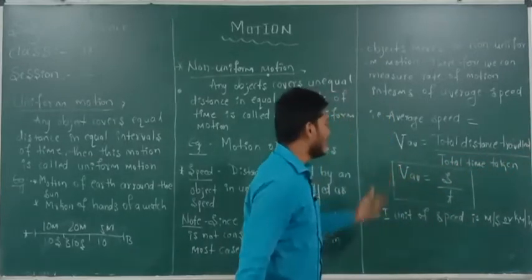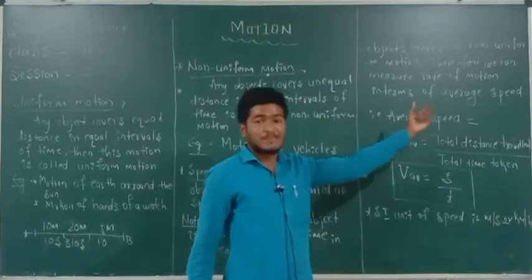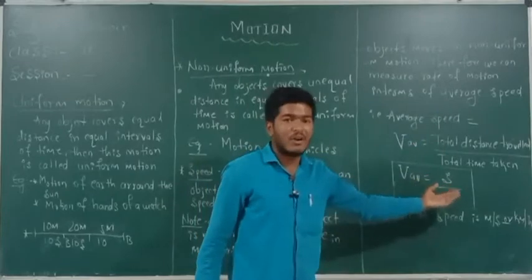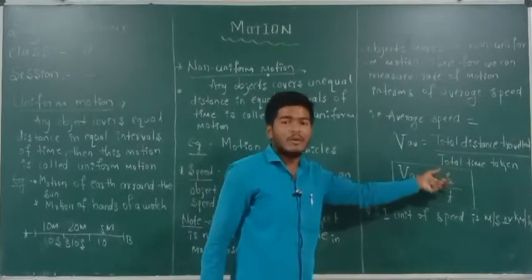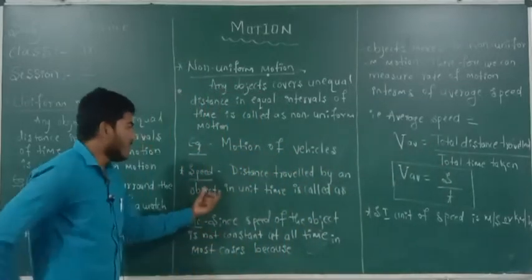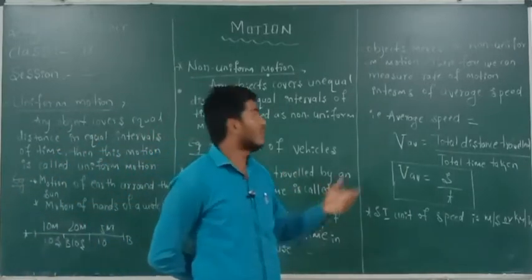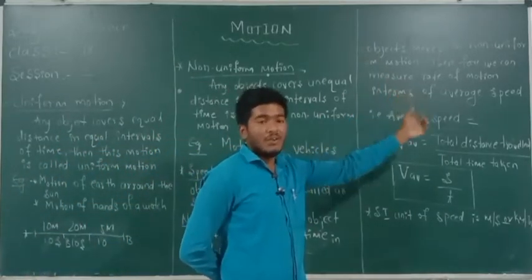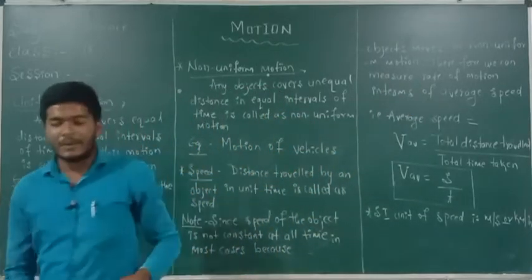The SI unit of speed is meter per second or kilometer per hour. Using this formula, we find the average speed of an object. We are not finding the speed because the objects are not in uniform motion; they are in non-uniform motion. Therefore, we calculate the average speed of the object.